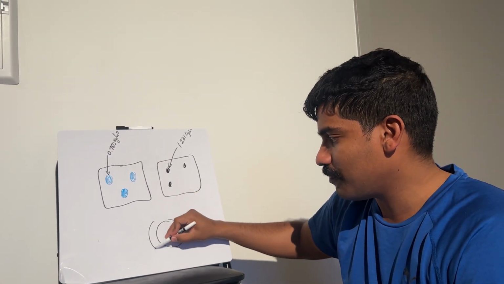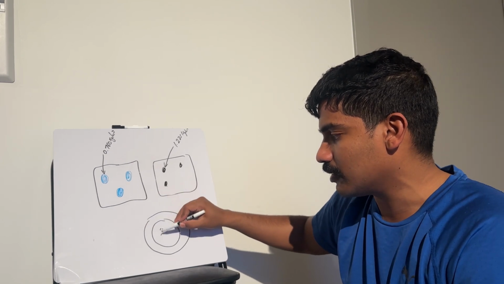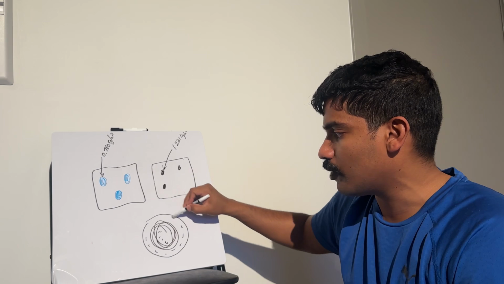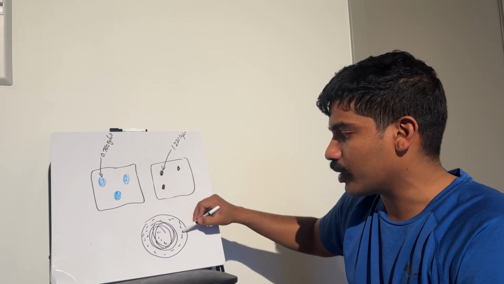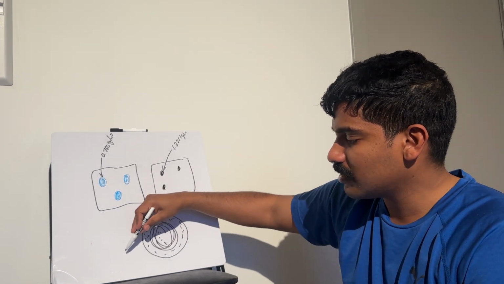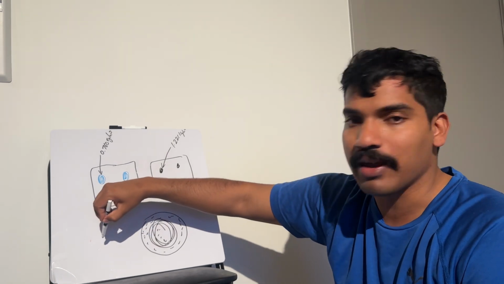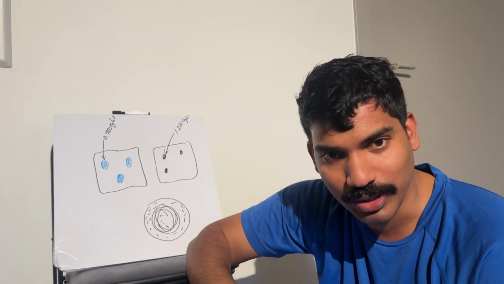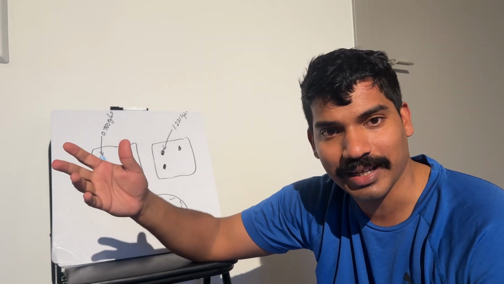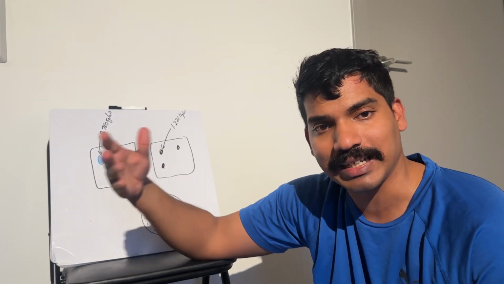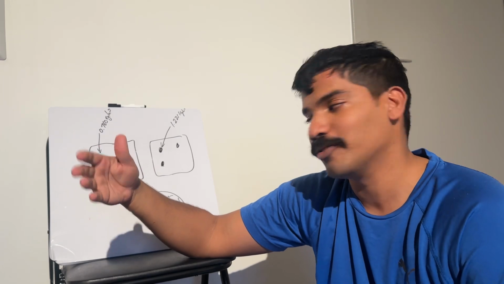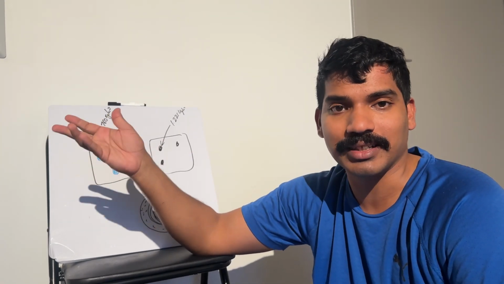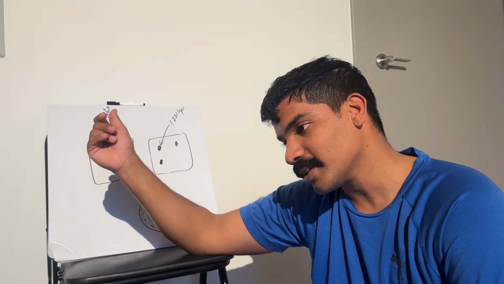This is the earth and this is all the atmosphere around it, right? As we keep going away from the surface of the earth, there is less and less air, which means it is getting less and less dense, which means as altitude increases, density decreases, right?